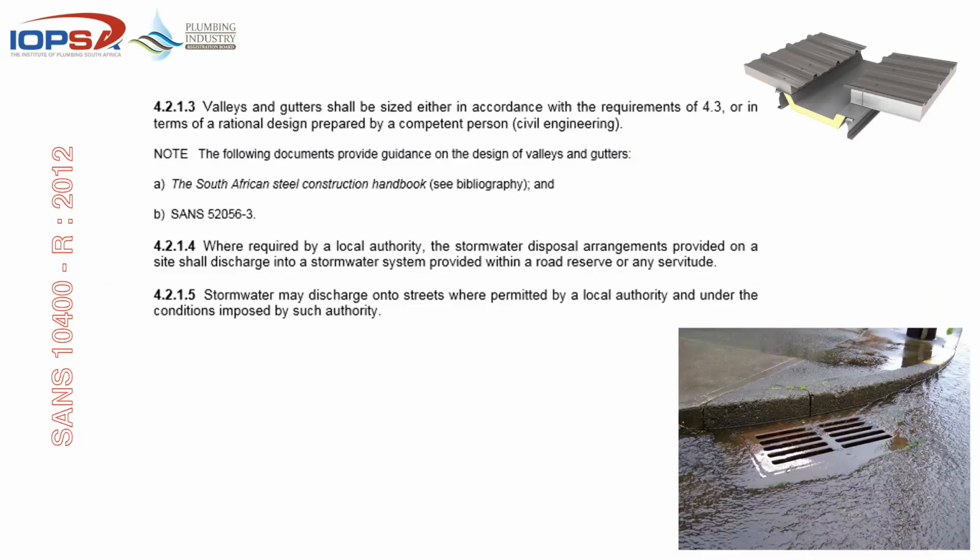I did a little example for the architects a while ago: if you have a 100 square meter roof with a single box gutter, like a sawtooth roof, with one outlet, the sizing on that outlet is 150 millimeter diameter to make sure that the water gets drained away. So as contractors or subcontractors, we'll get sizing of these box gutters and downpipes just to make sure that we comply.